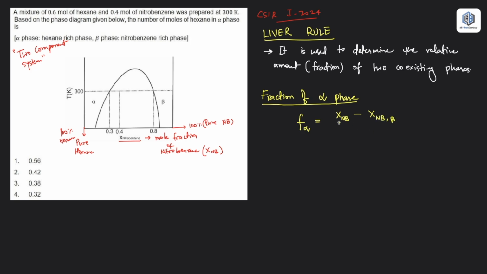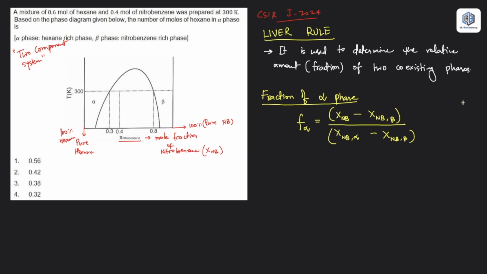So from the total mole fraction of nitrobenzene you subtract the mole fraction in the other phase, and this whole thing is divided by the mole fraction of nitrobenzene in alpha phase minus the mole fraction of nitrobenzene in beta phase. This is the formula which we will use in this case.